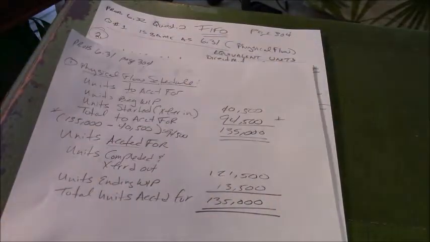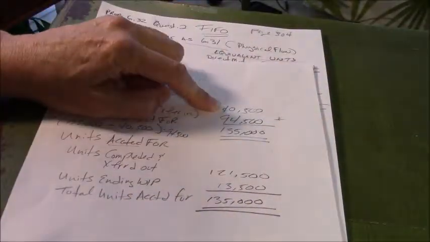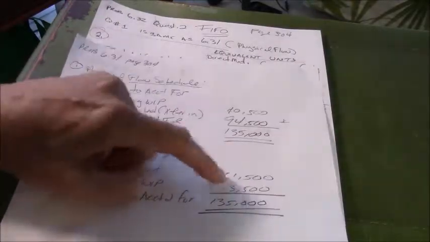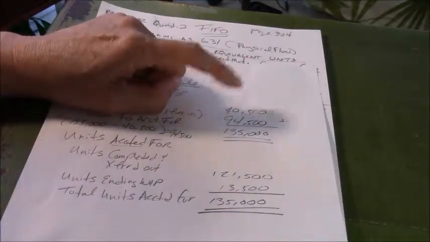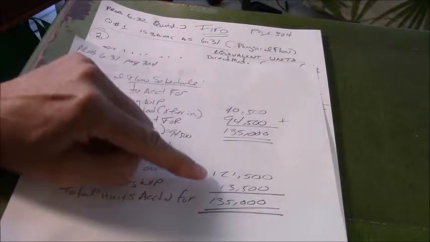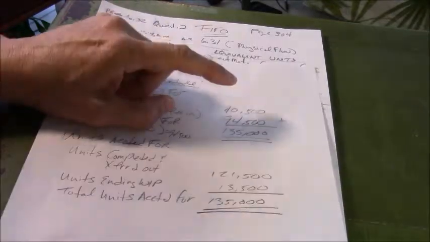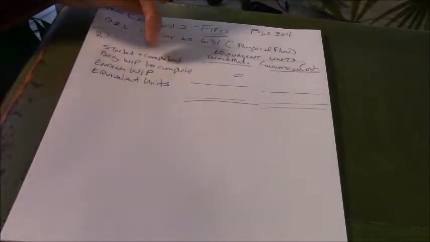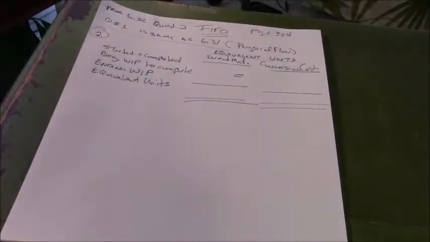In other words, it came out in order. First in, which these were first out. So this 121,500 includes all 40,500 of these. So we need to take 121,500 minus 40,500 to figure out how many were started and completed during the month.